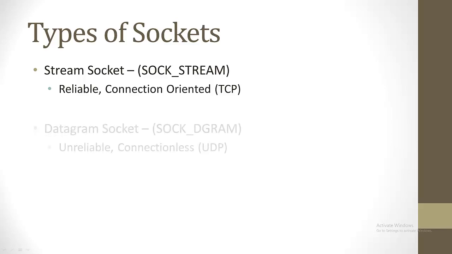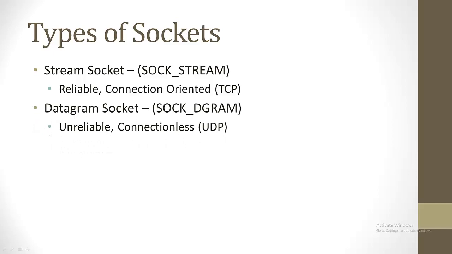And if it is a datagram socket, then we have to use SOCK_DGRAM. This datagram socket is unreliable in nature and connectionless. In short, we call it UDP, User Datagram Protocol. In our upcoming programs, we'll be using both these sockets, depending on the program.